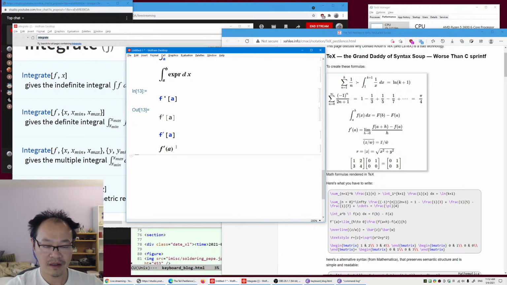Here's another example where you can see the difference between traditional form and the Mathematica unambiguous standard form. So why is this ambiguous? Because in the traditional form they are using parentheses. However, parentheses have multiple purposes in traditional math notation. One, it signifies grouping, the precedence of expressions.